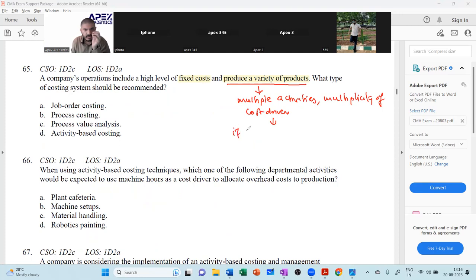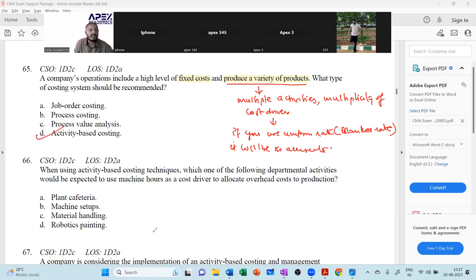If you use a uniform rate, which is also called a blanket rate, it will be inaccurate. Therefore, what rate should you use? You should use activity-based costing rate.